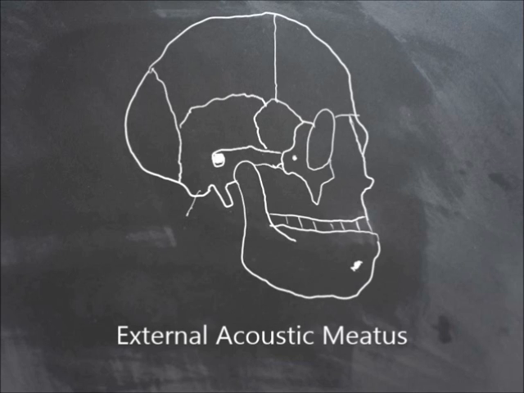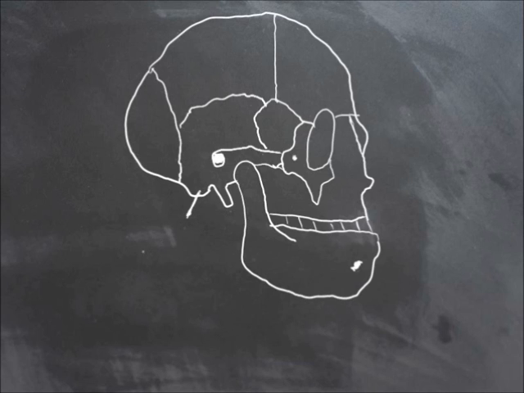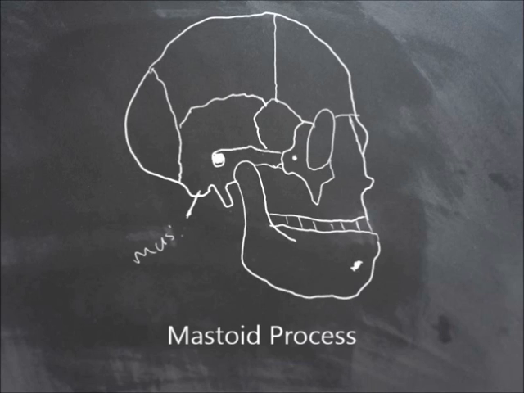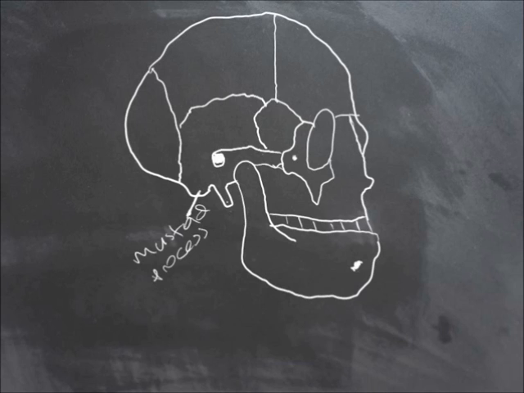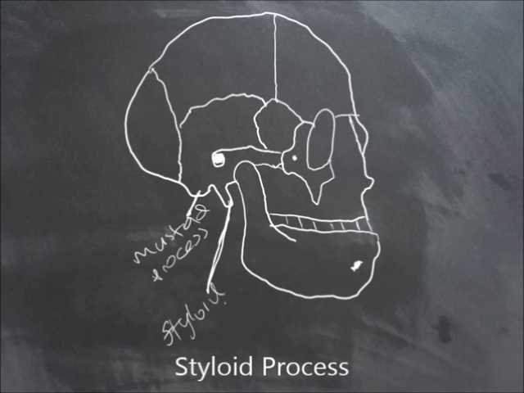Here, part of the temporal bone is the mastoid process. And this here, again, part of the temporal bone, is the styloid process.